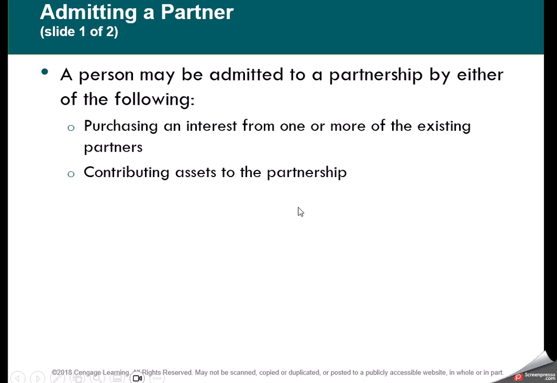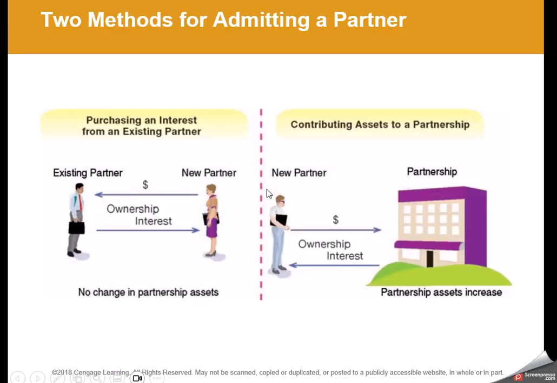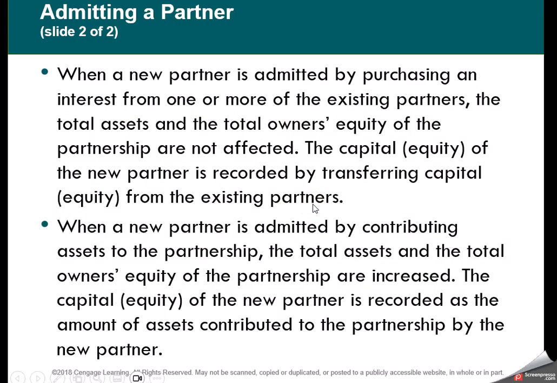Then if we admit a partner, maybe that person's going to contribute assets, maybe contribute cash, or buy out one of the existing partners. Here again, it shows a little chart of that. When we admit that new partner by purchasing the interest of the other partner, the capital of that new partner is transferred from the existing partner.